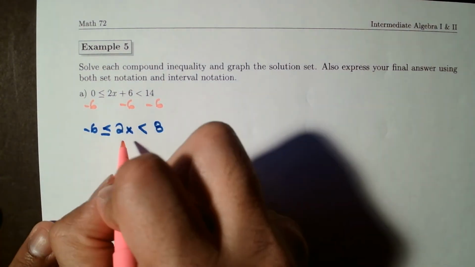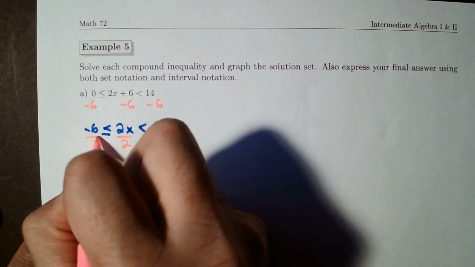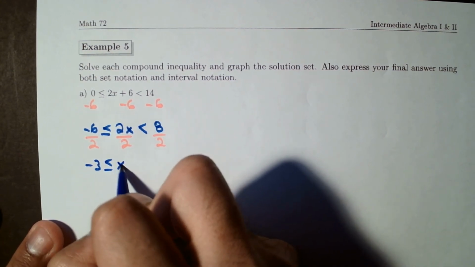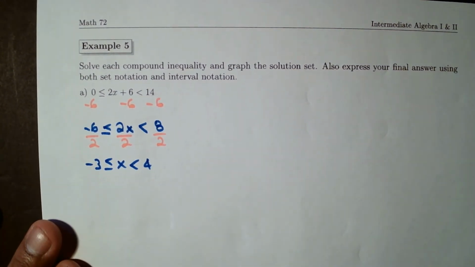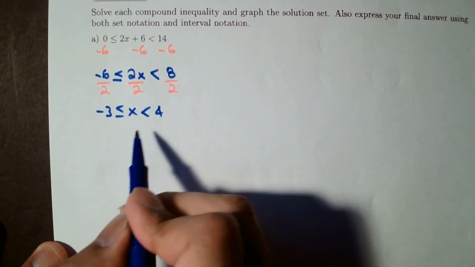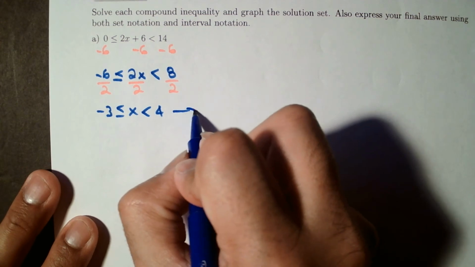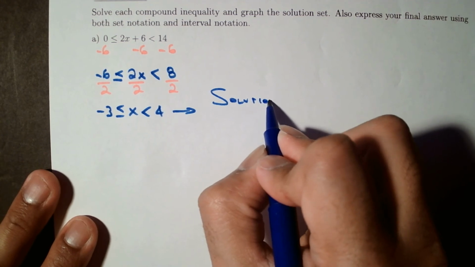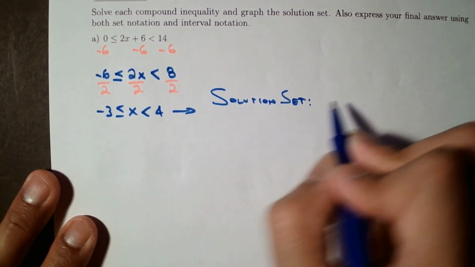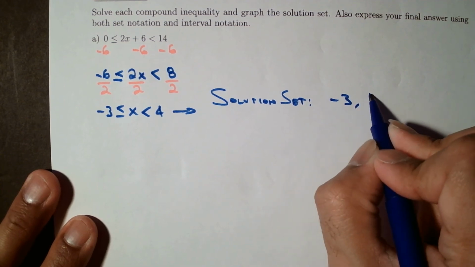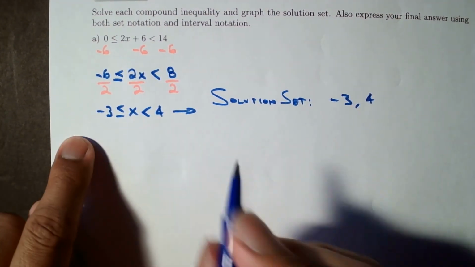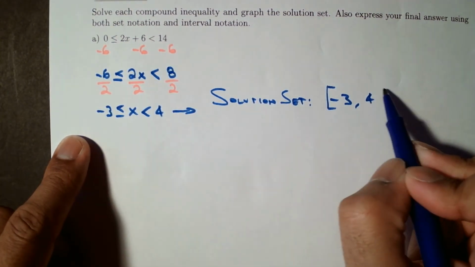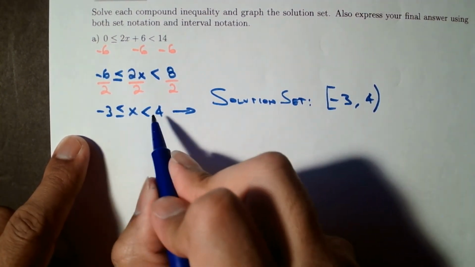Alright, so let's keep solving this. All we do is divide the 3 sides by 2. So this is going to be -3 less than or equal to x less than 4. And that's about it. So that's the inequality we end up with. And in this case, we need to write this down using interval notation, the solution set. This will be -3, 4, and just put the corresponding grouping symbols: brackets because of less than or equal, and parentheses because simply less than.